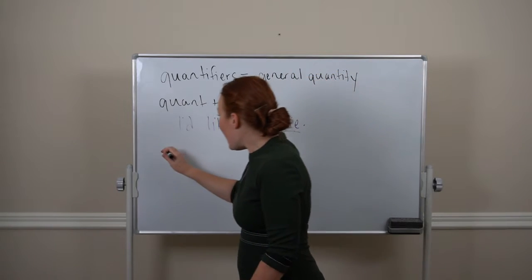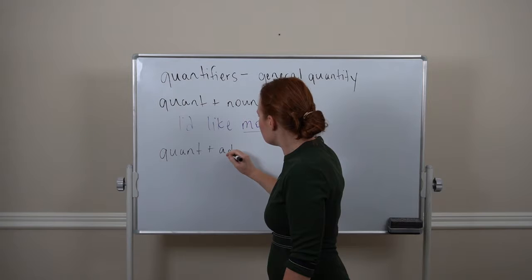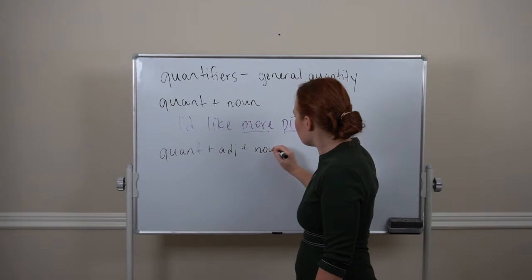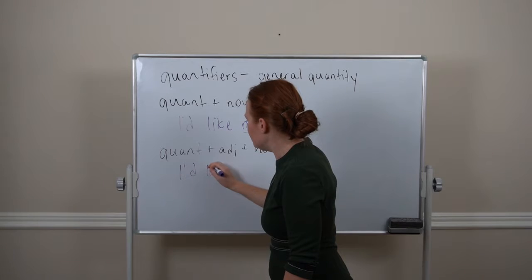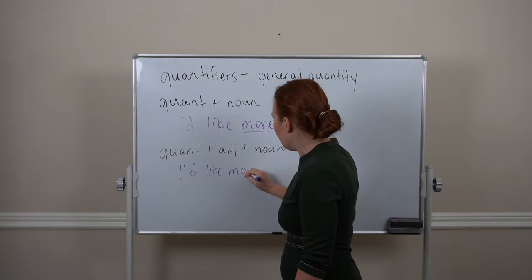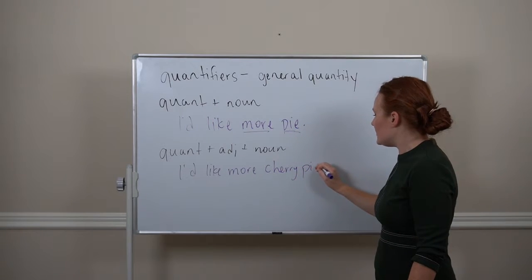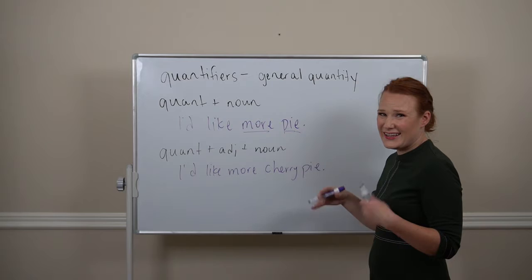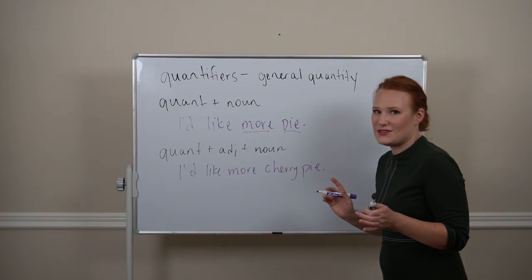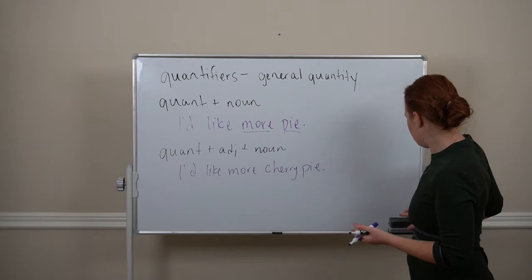We can also add an adjective in there. Not just I'd like more pie, but I'd like more cherry pie, telling us what kind of pie. We're still good here. But it gets more complicated when we want to be more specific about that noun.